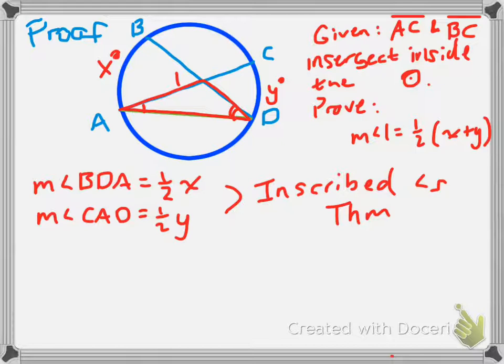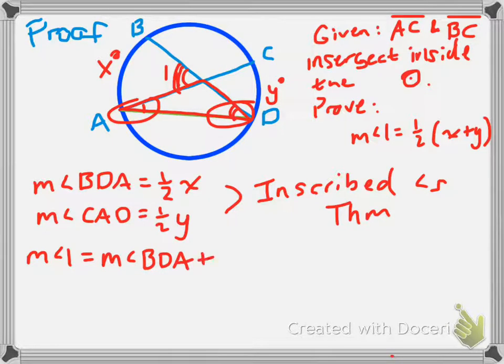The exterior angles theorem says that the measure of angle 1, again, this is angle 1 here, is congruent to the sum of the two angles that it's not touching. So we know that the measure of angle 1 equals the measure of angle BDA plus the measure of angle CAD.